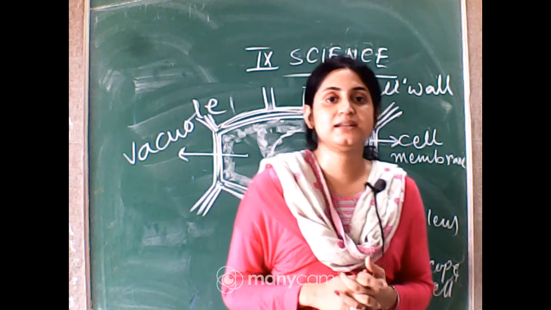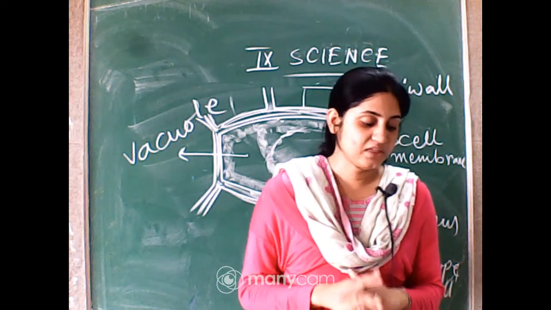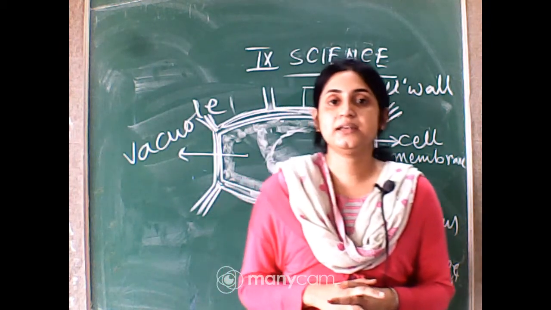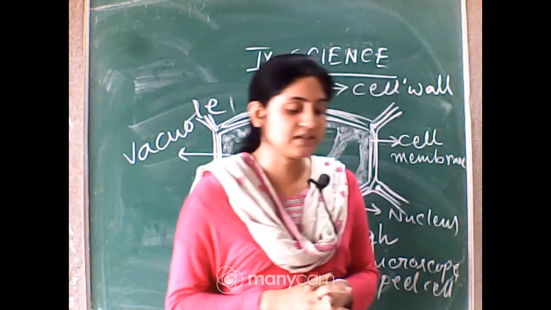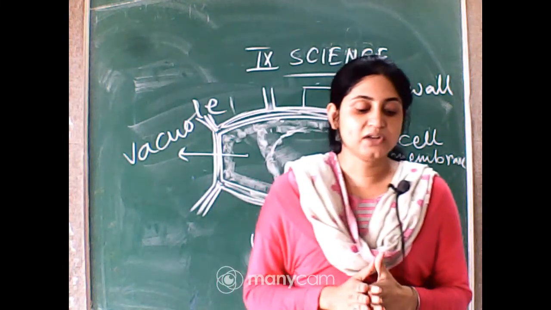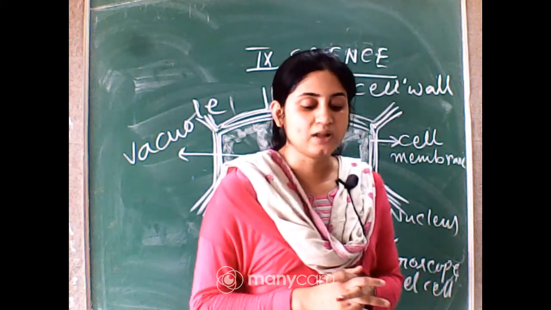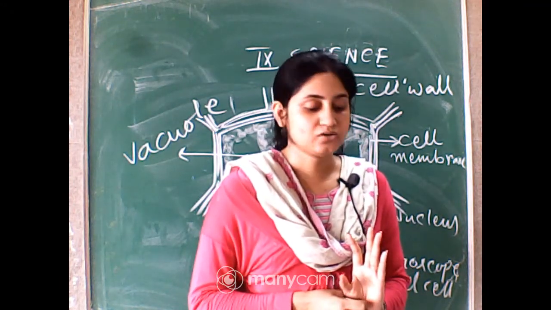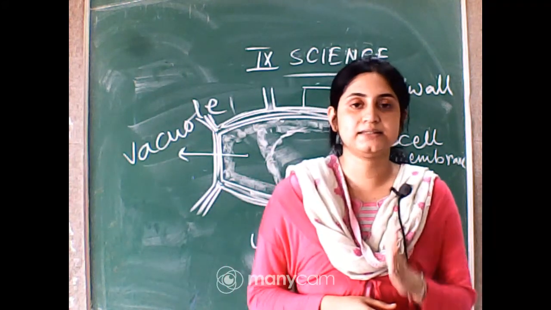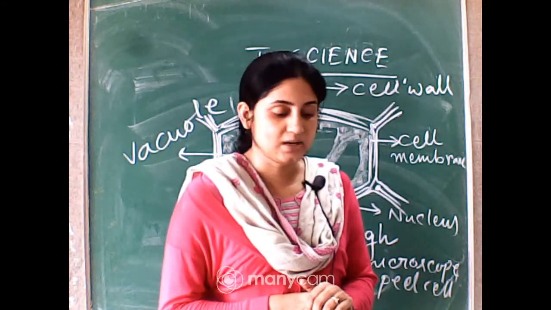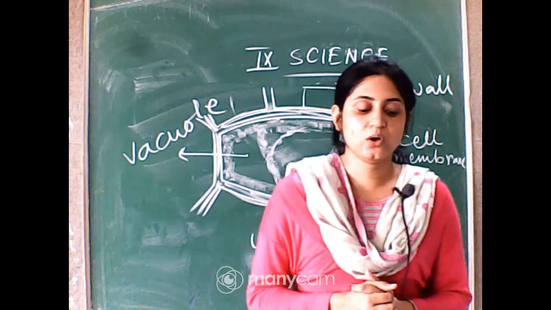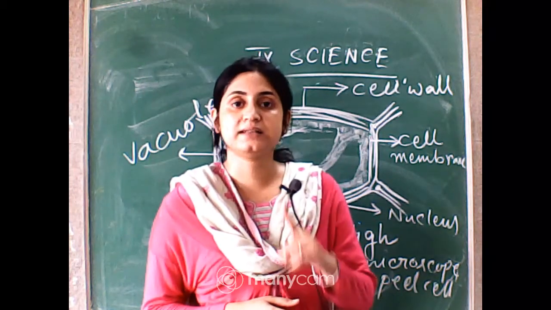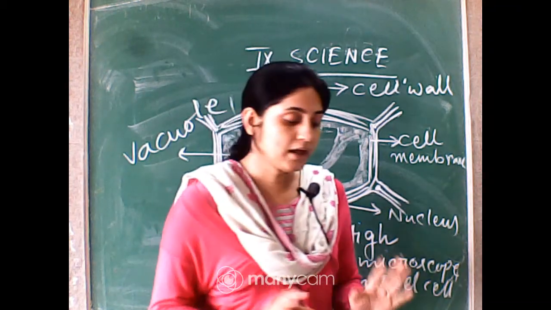Number 4, intercellular spaces are absent. Number 5, the cytoplasm is darkly stained on the inner surface of the cell wall. And 6, the cells contain protoplast and are living. Okay, observation complete.